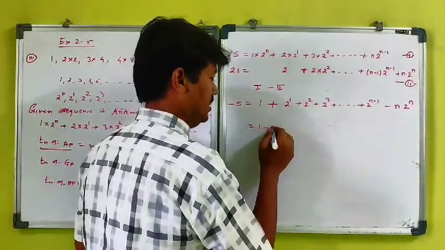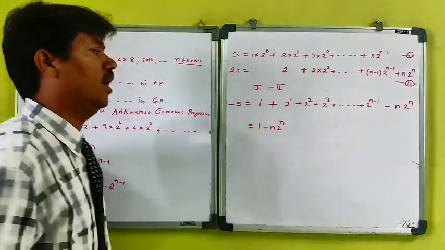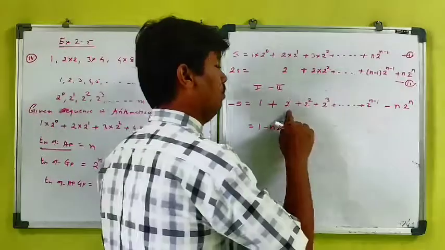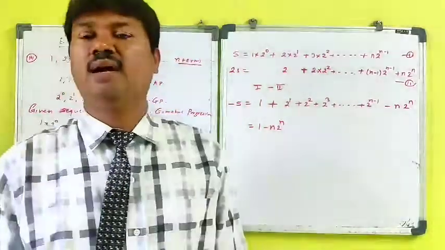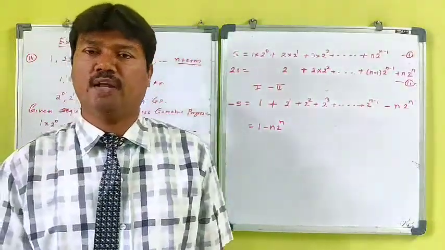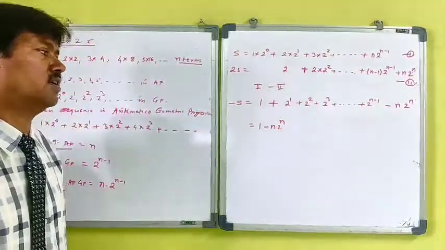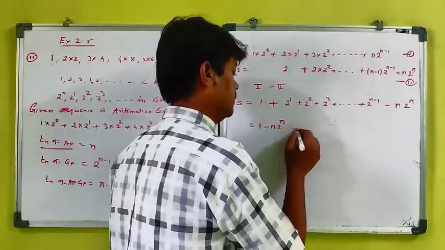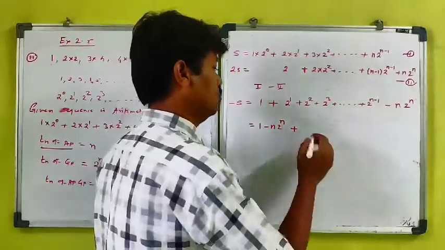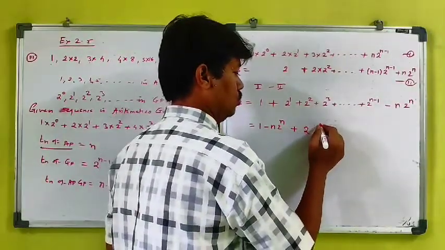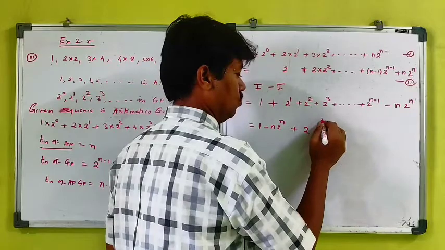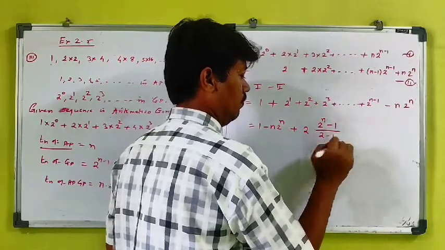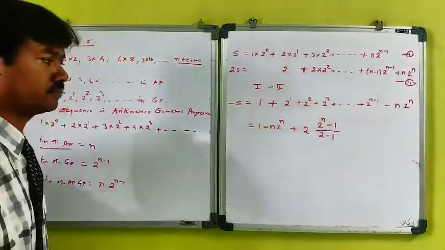Now we get together the 1 minus n into 2 raised to n, and this is the sum of n minus 1 terms of a geometric progression, where the first term is 2 and the common ratio is also 2. So it is 2 into 2 raised to n minus 1 upon 2 minus 1.